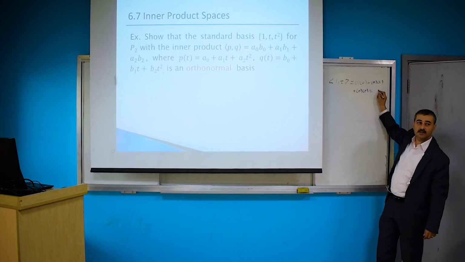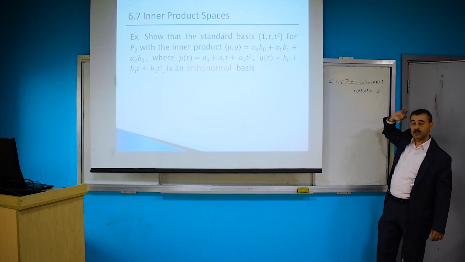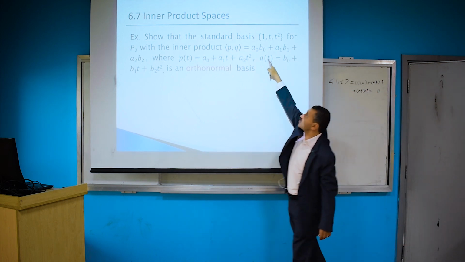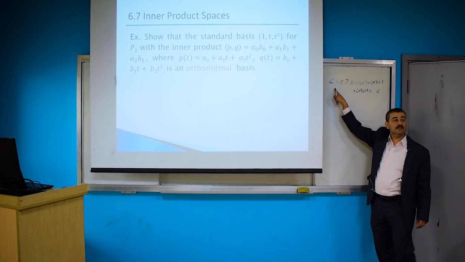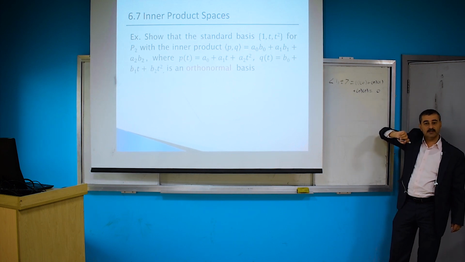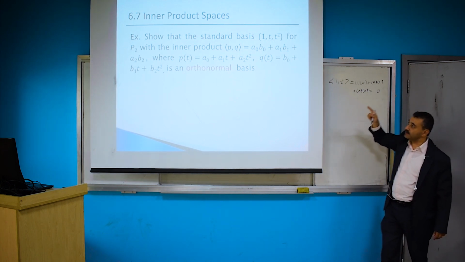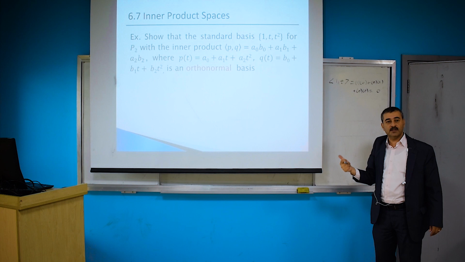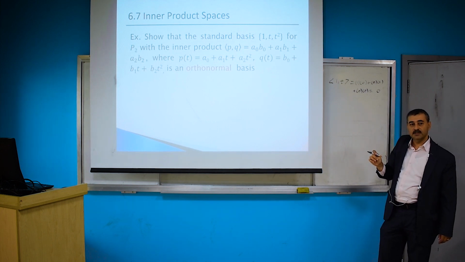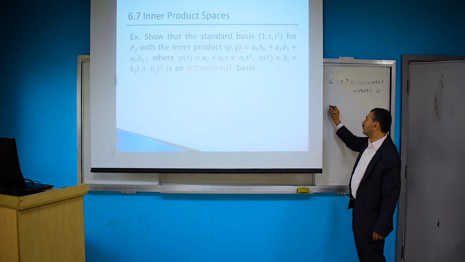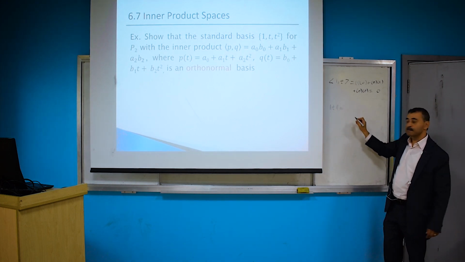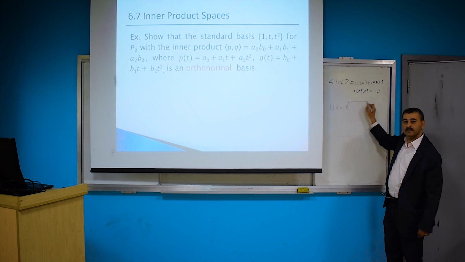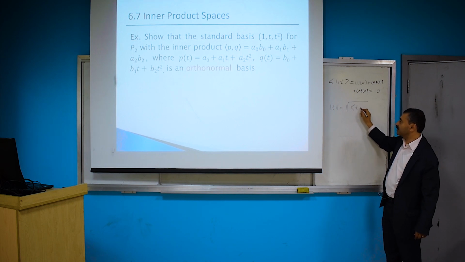So we'll get 0. According to this inner product, you can say that these vectors 1 and t are orthogonal. You do the same for 1 and t squared, and t and t squared. If I want to get the length of t, how do I get it? It is the square root of the inner product between t and itself.